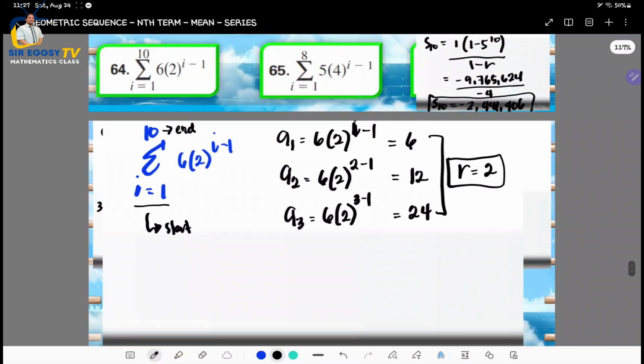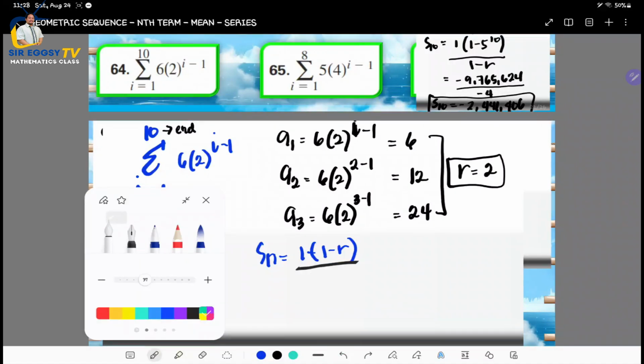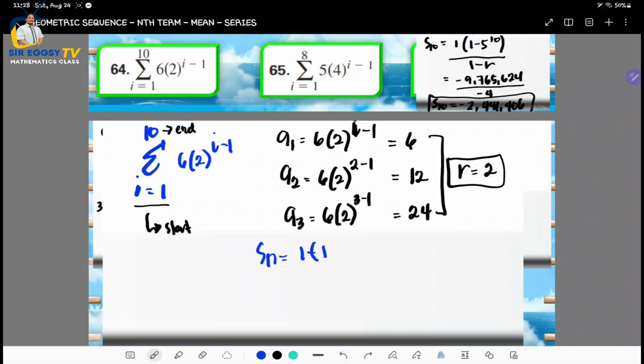So, since you have gotten it, you can now use our formula that S sub n is equal to a sub 1 times the quantity of 1 minus r raised to n over 1 minus r.